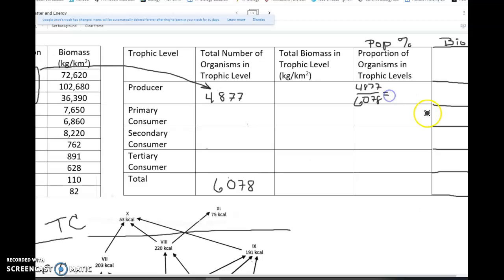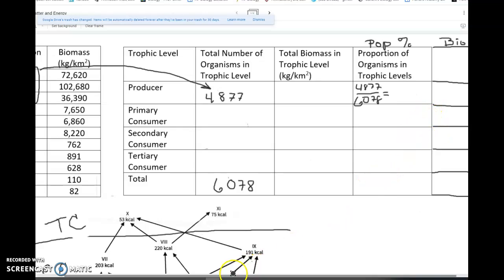And this is going to give you a percentage around 80 something. I'll work it out later, but this is going to give you a percent. It's actually going to give you a 0.80 something. Then you multiply that times 100, and that will get you your percent.